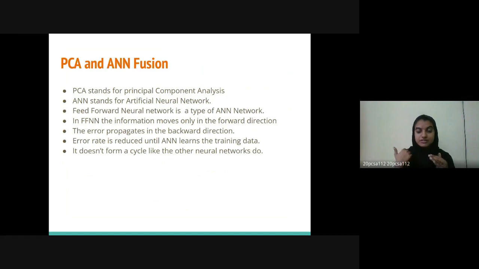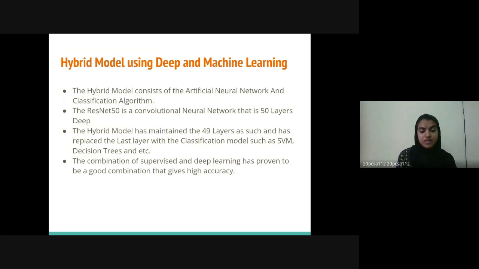The data moves forward and the error propagates backwards, and this keeps happening until the error rate is reduced, and the model learns more and more from the training data. So that was PCA and ANN Fusion, which also proved to be a very good model. And then the last one is the hybrid model using deep and machine learning.